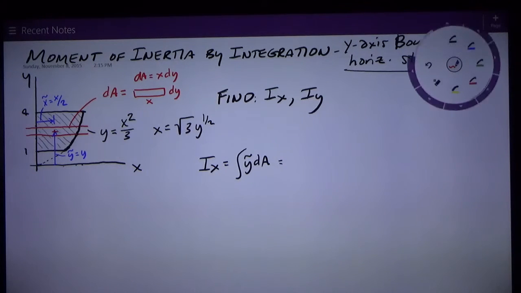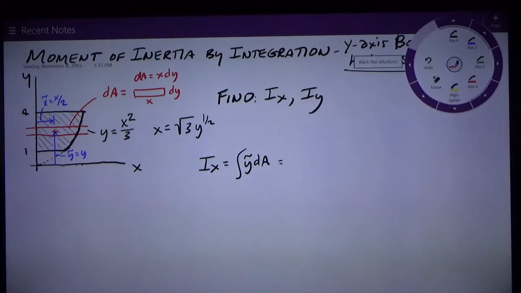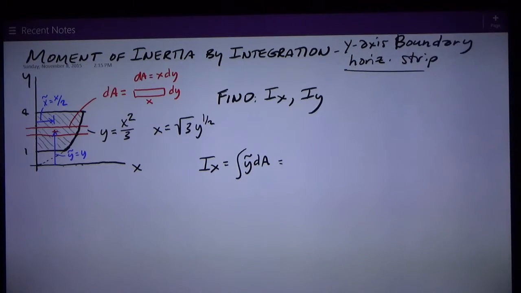Now, we can plug that into this expression for Ix, and we also note that I've drawn in blue that y tilde is y, whatever the y value is along that curve. That's what y tilde, the distance from the x-axis, is. So we can rewrite this expression as y squared, which is what y tilde squared is. Oops, I forgot a squared there, didn't I?